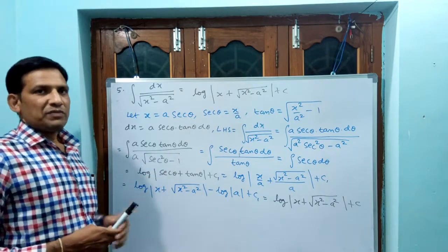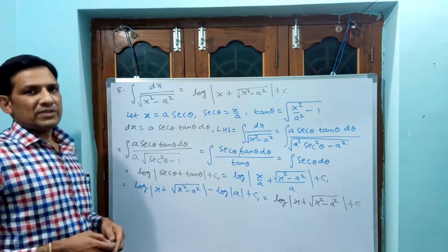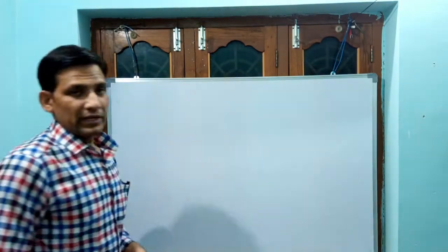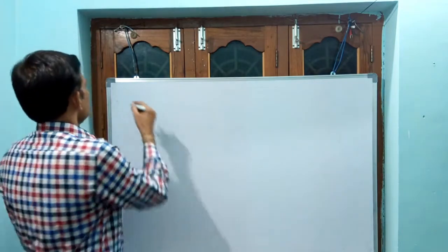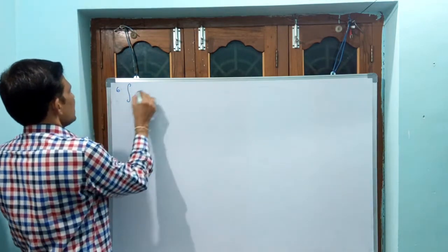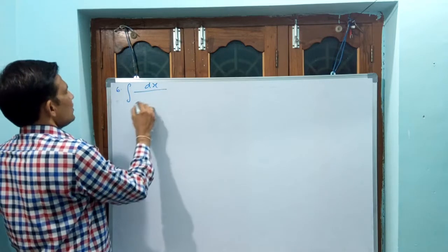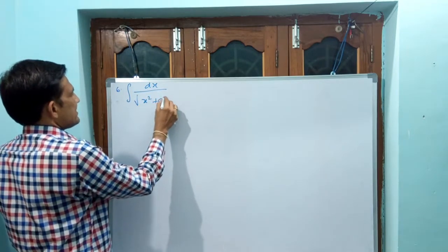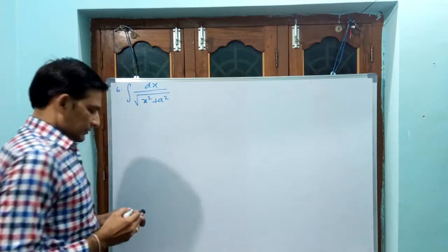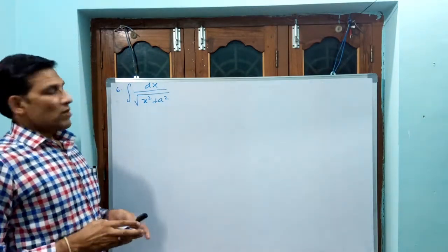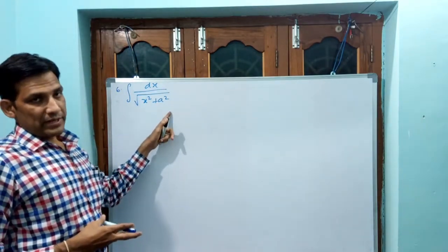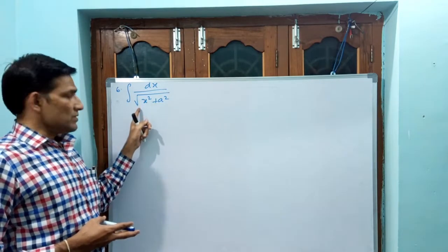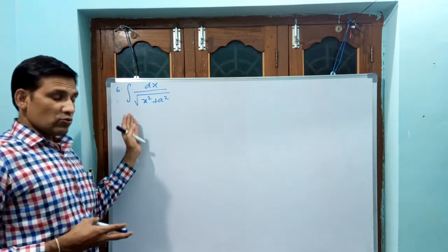Okay, this is the fifth result. Let us go for the sixth result, the last result. Sixth result: integral dx by square root of x square plus a square. We have seen first a square minus x square, then x square minus a square.